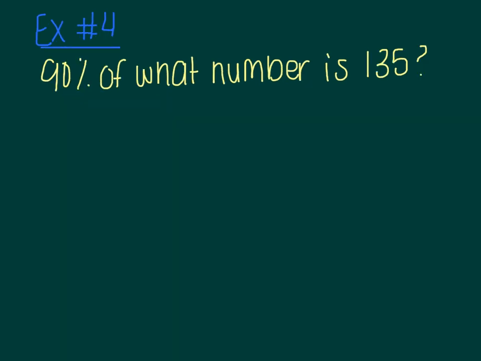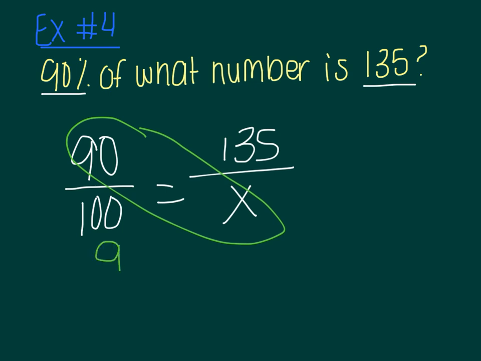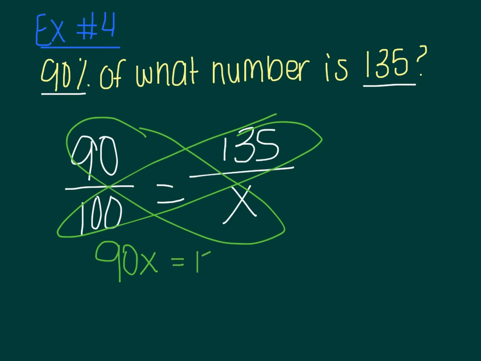And our last example, we have 90%, so we put 90 over 100 equals 135 is our part, and we don't know our whole. Cross multiply. 90 times X is 90X, and 100 times 135 equals 13,500.